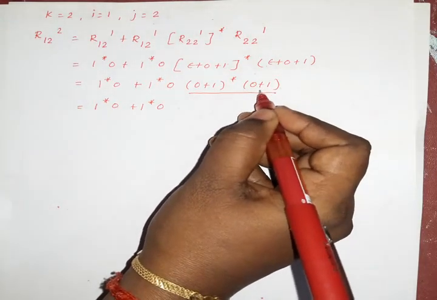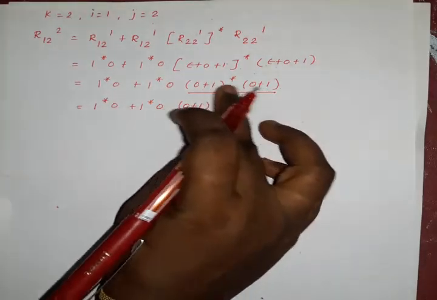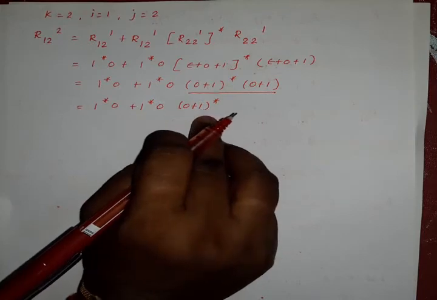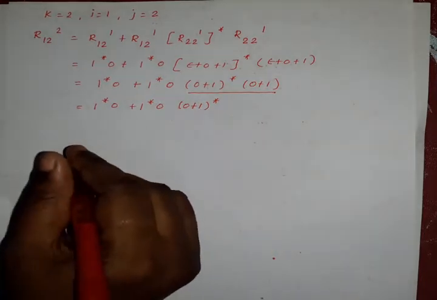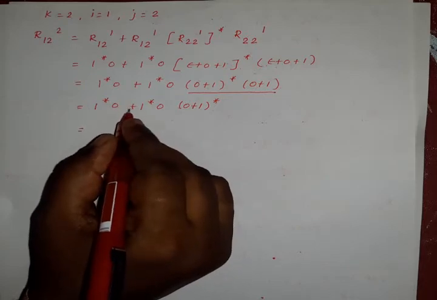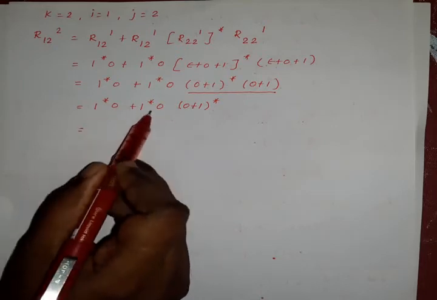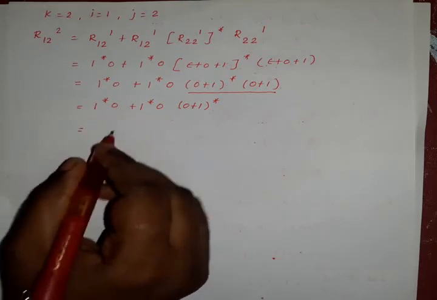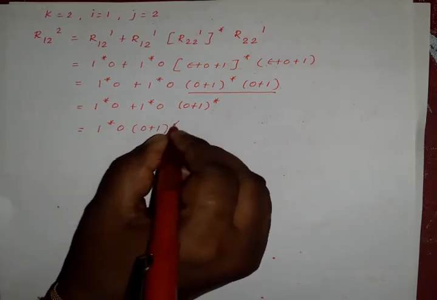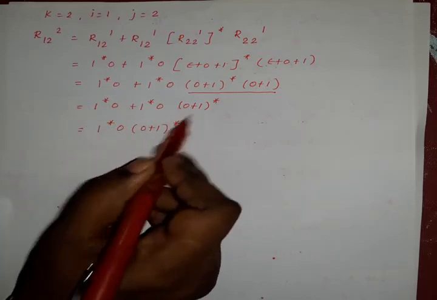So we can simply write the single term 0 plus 1 the whole star. Next, plus is the either symbol, which means the regular expression for either this or this. Here 1 star 0 is common in both terms. So we can simply write it as 1 star 0 and 0 plus 1 the whole star, because both have the same result.